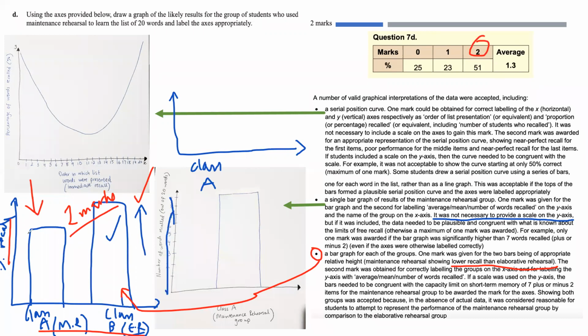So class A's bar, or percentage of recall, is a lot shorter than class B. That's the basic idea. So those are the different ways that you can approach a graph question, knowing that there's never really a situation where they say we're only going to accept this answer. VCAA are quite open when it comes to graph questions. As long as what you've done is mathematically correct and it reflects the actual results, then that's really all that matters.